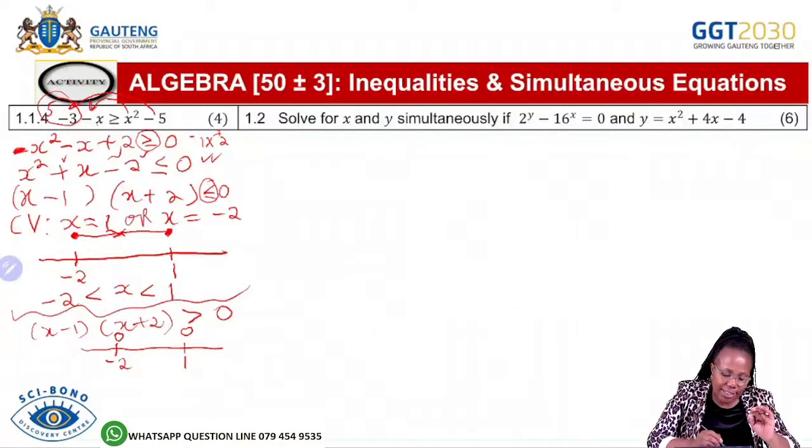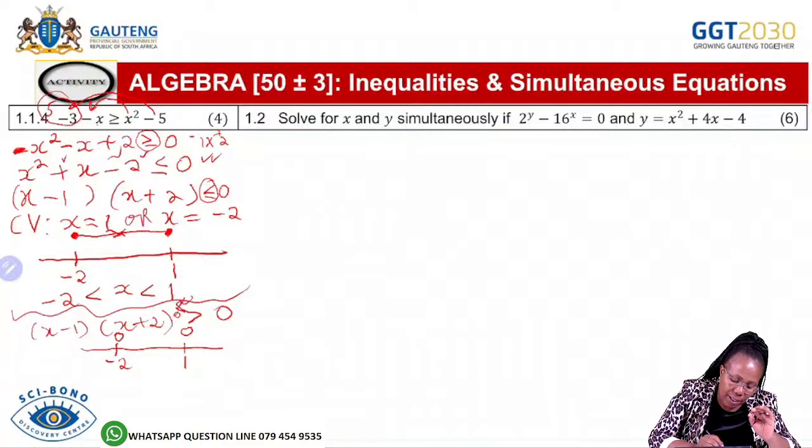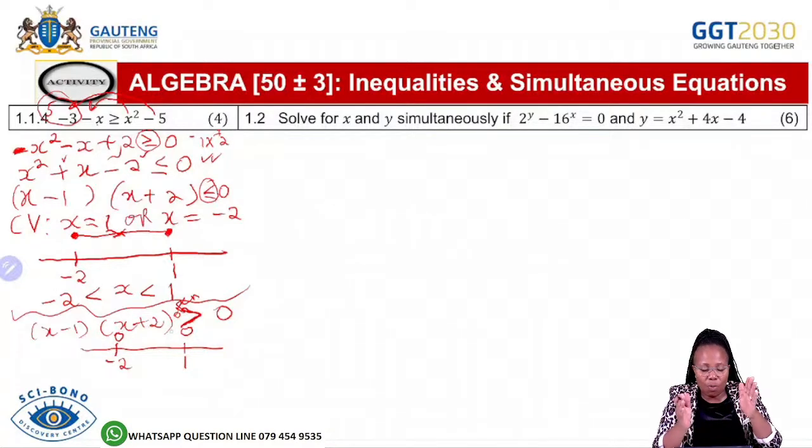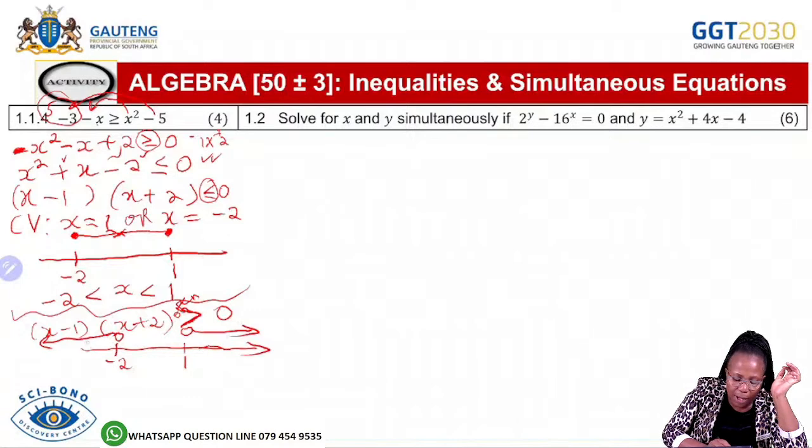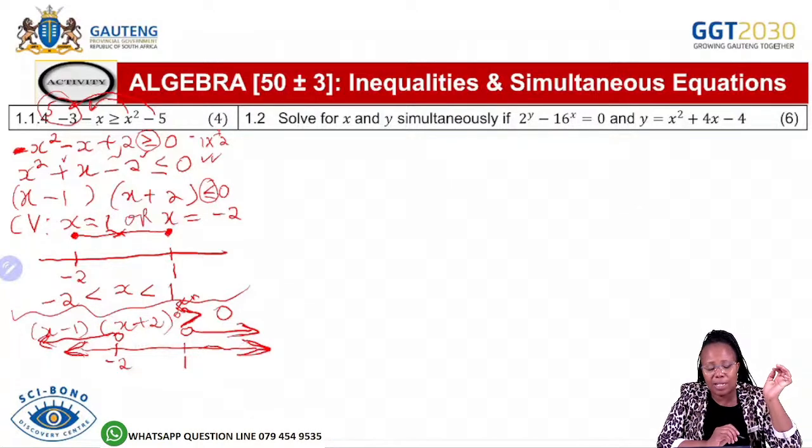Since it is greater, it is open towards your x-axis, and the solution will go this way, following the direction of the arrows on your number line.